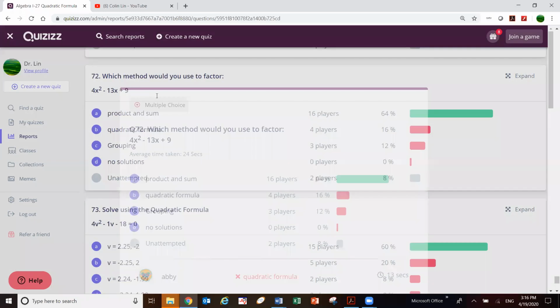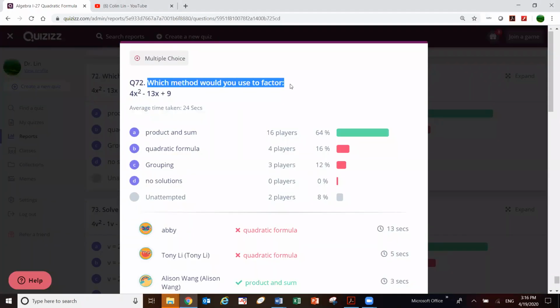The same thing here. For the factoring method, just like what I am talking about here, if we want to factor, firstly we need to find the product of A and C, right? Like this is 4 times 9, so we get 36, right?